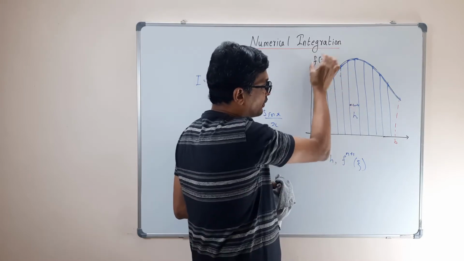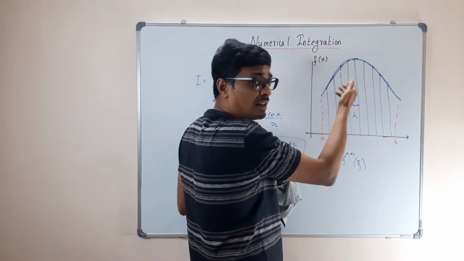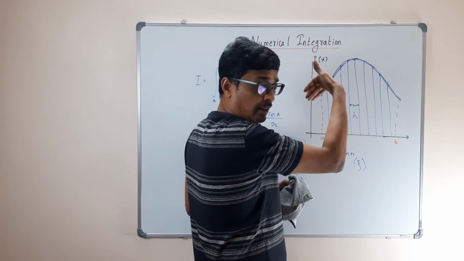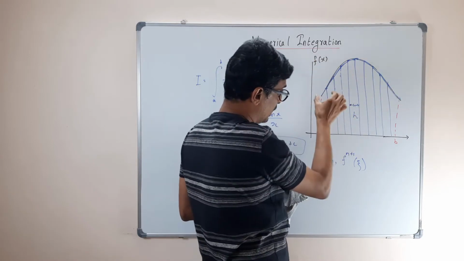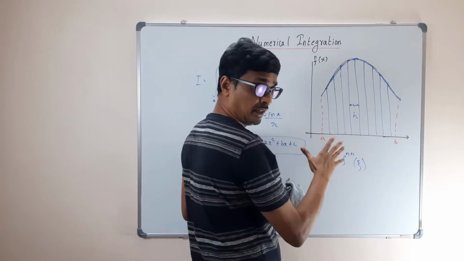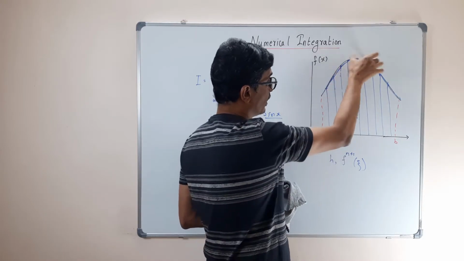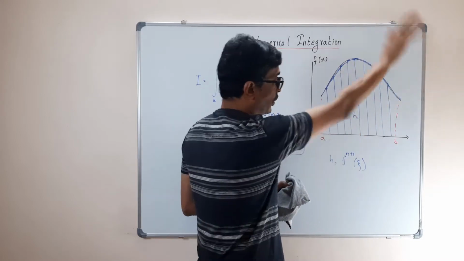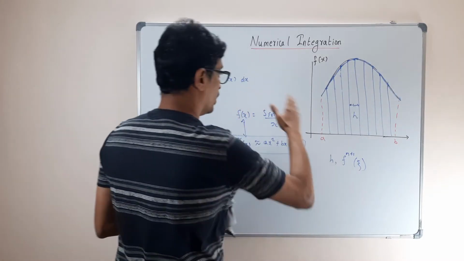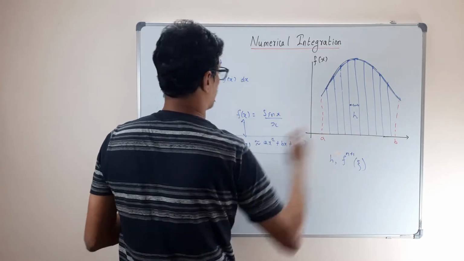A small region in f of x can easily be represented by a polynomial of lesser degree. So I will divide it into small h intervals, club 1 or 2, 3 points, construct the polynomial based on them, and then repeat the whole thing for the rest of the x values from a to b.